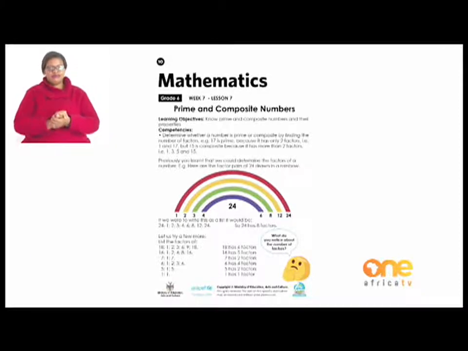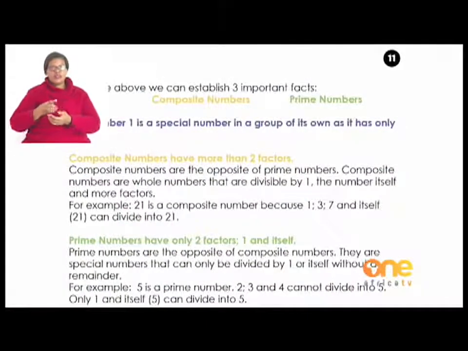Now, if we go to the next page, which is page 11, it says, from the above, we can establish 3 important facts, or at least from the previous page. First of all, let's talk about the number 1.